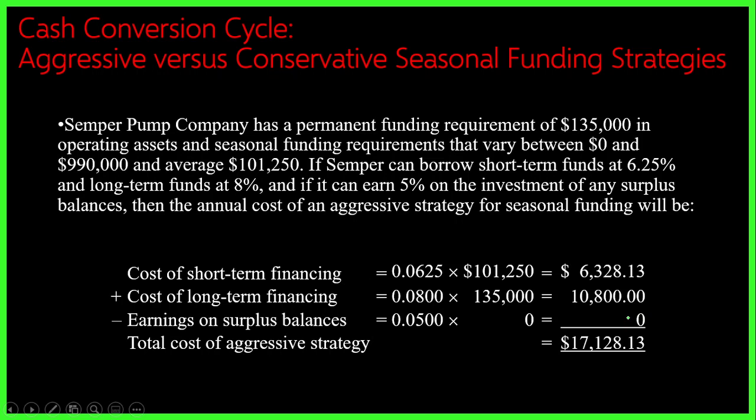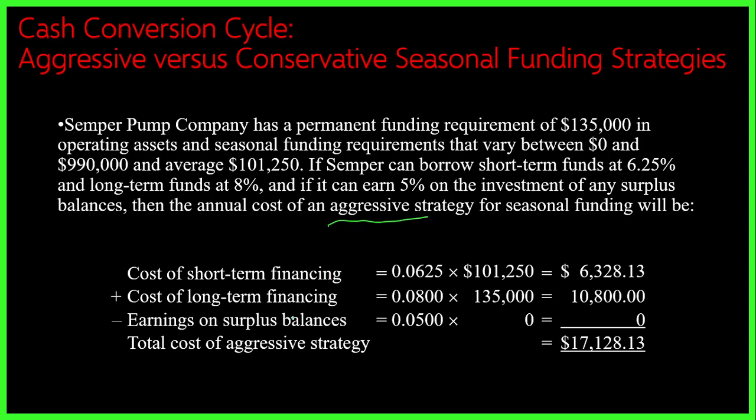If Semper can borrow short-term funds to support the seasonal funding at 6.25%, and long-term funds at 8% for the permanent, and can earn 5% on the investment of any surplus balances, then the annual cost of the aggressive strategy is what? Looks familiar, right? This is our graph from earlier.